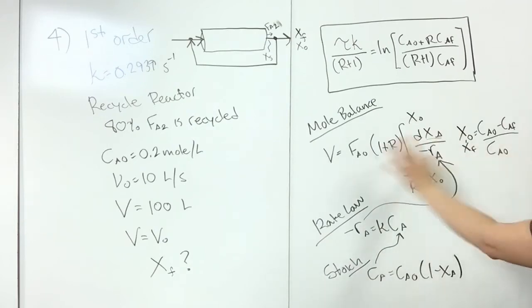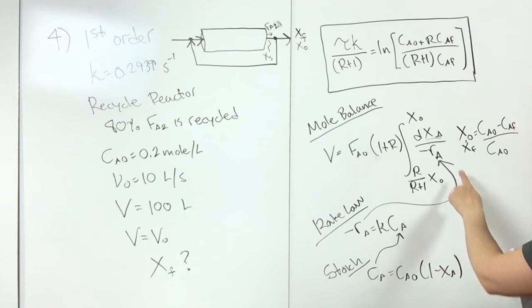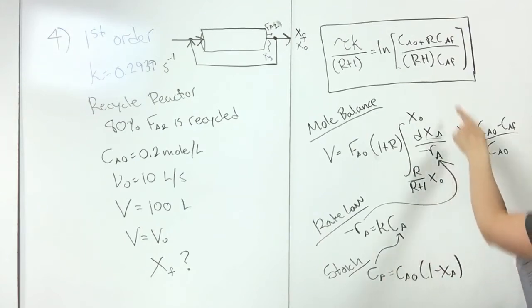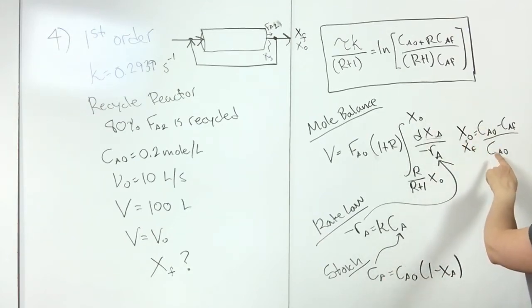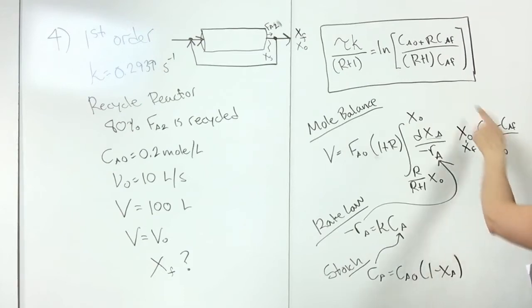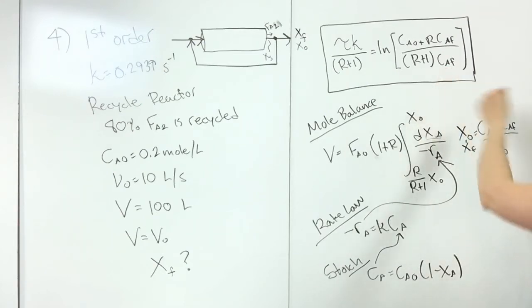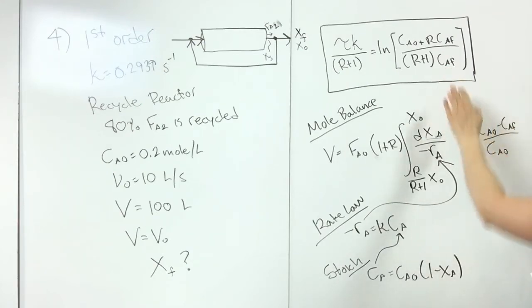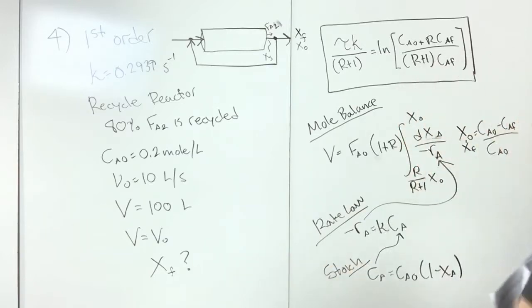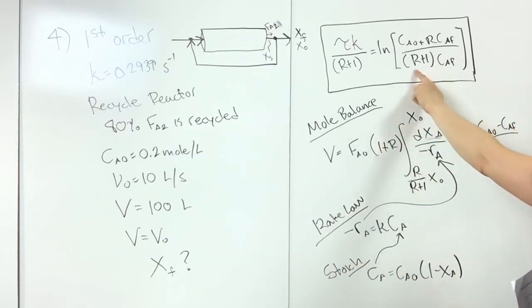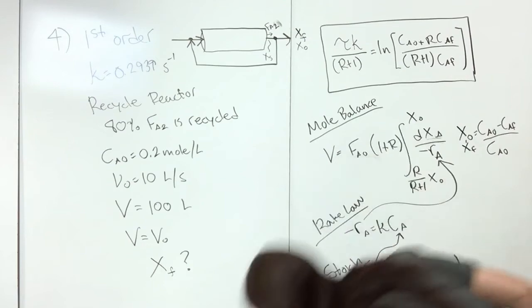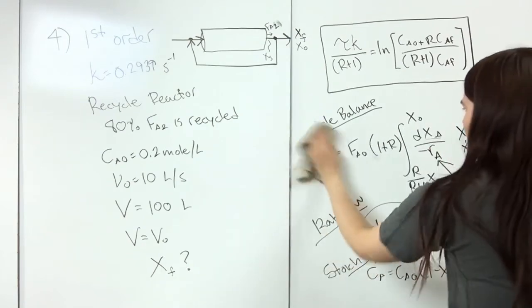I'm going to erase this stuff and just write down real quick the equation you would get in terms of x naught, either if you solve this or if you solve this for CAF and plug it into here. Although to solve this, to get XF, we don't actually need to do that. We can work with the equation in this form. So I'm just going to erase some stuff real quick.